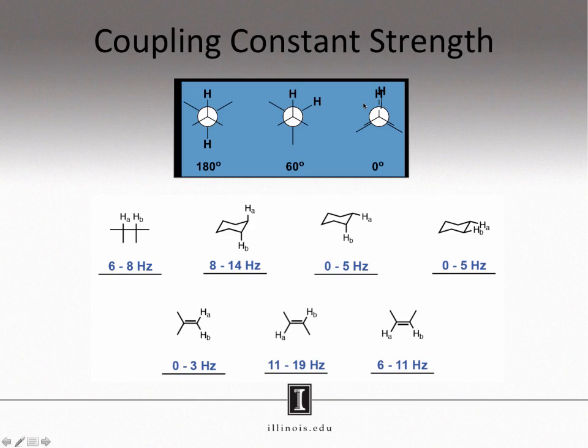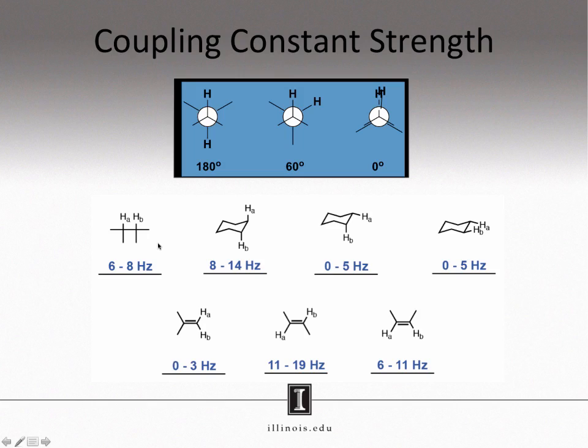The dihedral angle between protons is important because the dihedral angle determines the strength of the coupling. If you look at the table below, we see a number of protons in different orientations and the resultant coupling constants between those two protons.